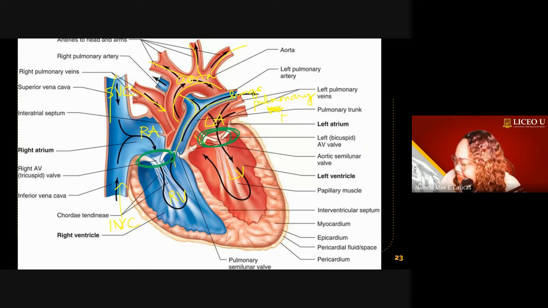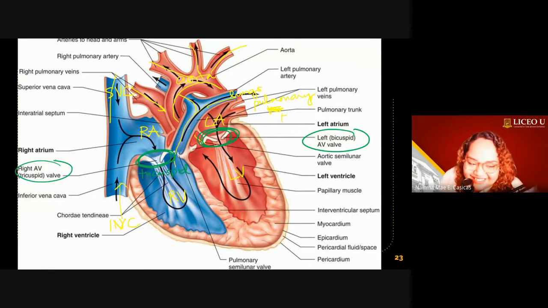These are your valves. Your tricuspid, which has three parts. And this is your bicuspid. Those valves right there.